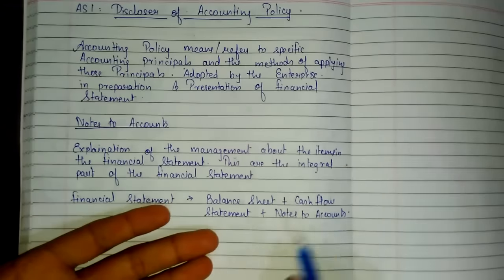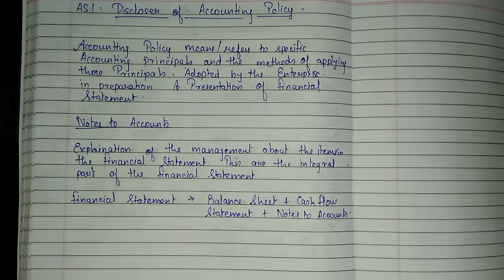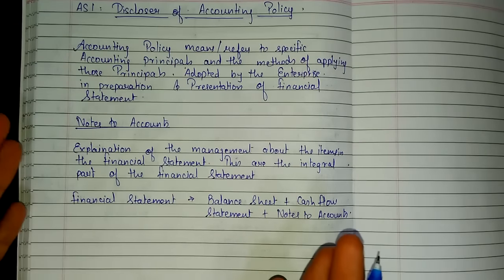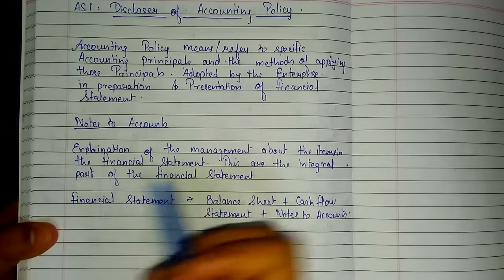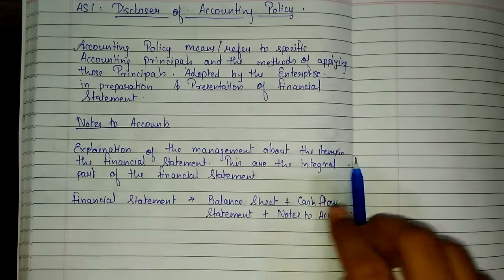Who are the management? Management means the persons who are responsible for preparing the financial statement of the entity. About the items in the financial statement, these are an integral part of the financial statement, as you came to know. But why is it given?